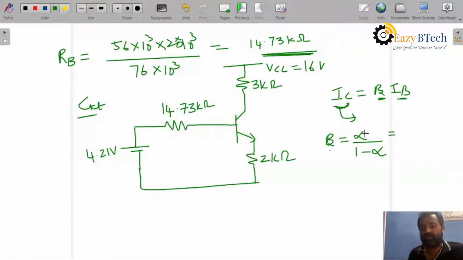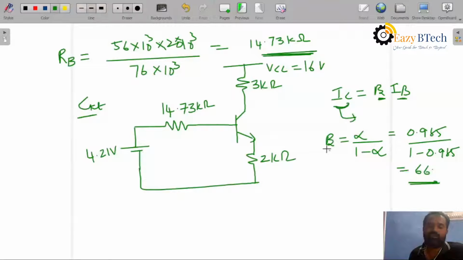Now what is the value of alpha? He has given in the problem, that is 0.985 by 1 minus 0.985. Now this value is about 66. The value of beta is 66. Okay.